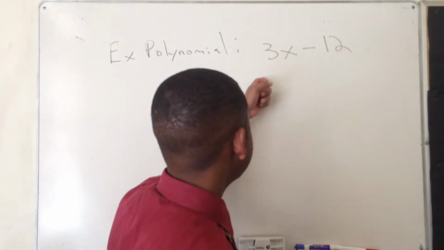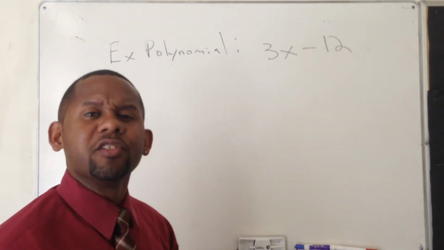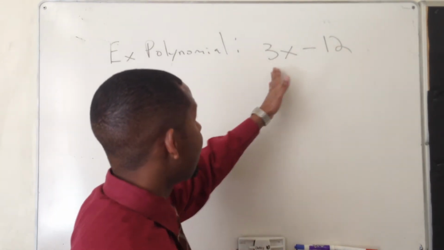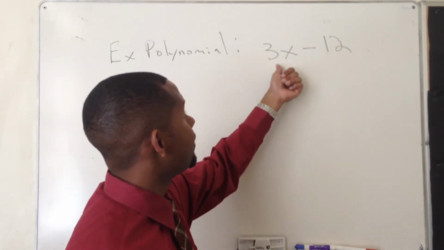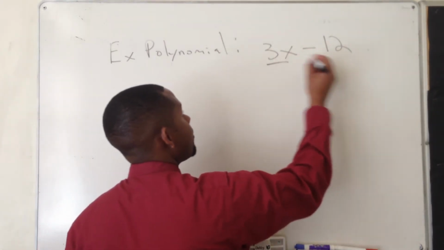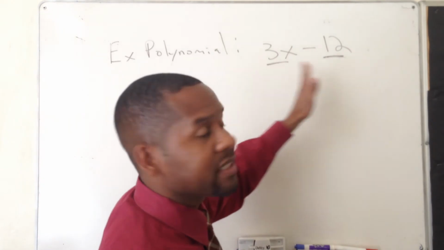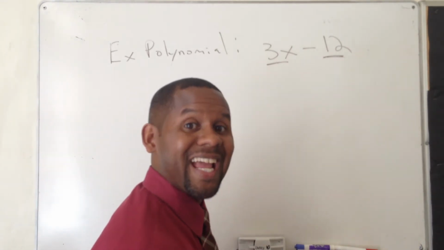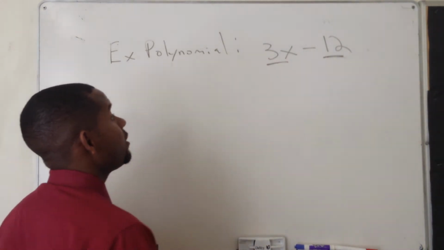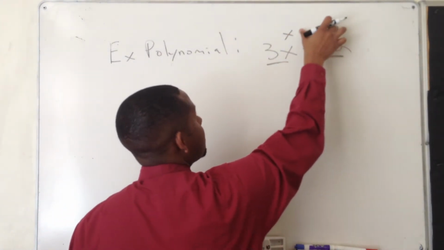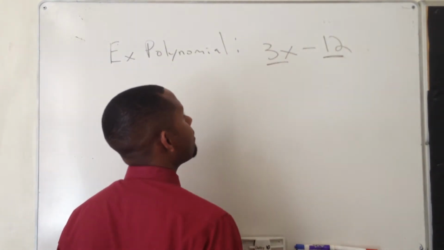This is a polynomial right here. So we're going to break it down into its factors, and the way we do that is we find the greatest common factor of these terms. So I have this term 3x, and I have this term 12. And I need to see what can I divide out of both a 3x and a 12. So I'm seeing, okay, this has 1x, this doesn't have any x's. So I can't take any x's out in common.